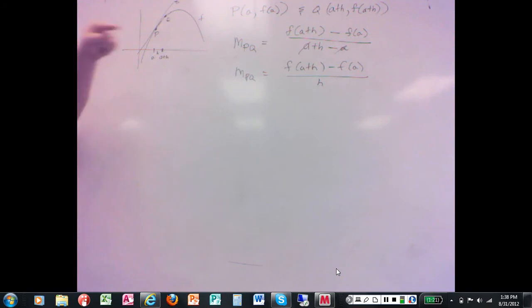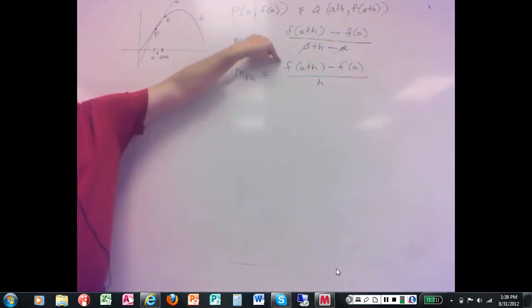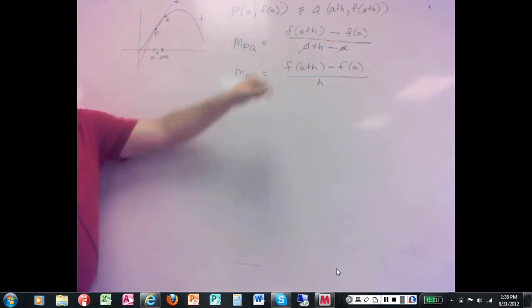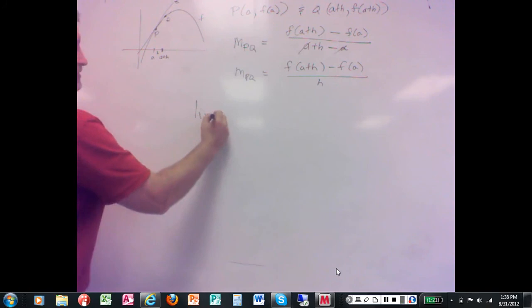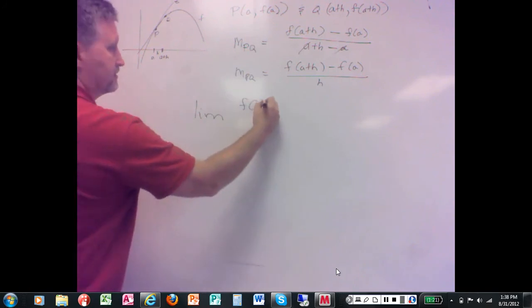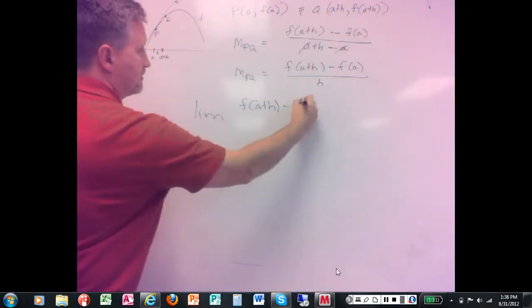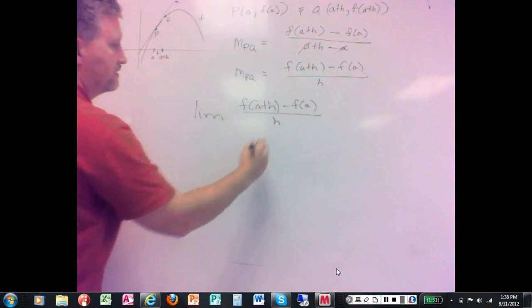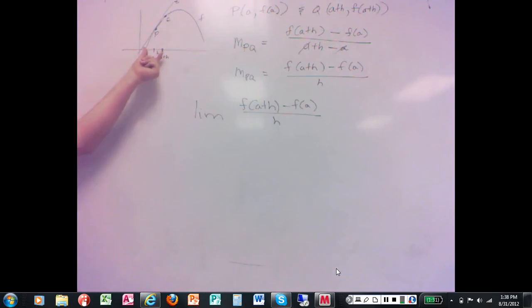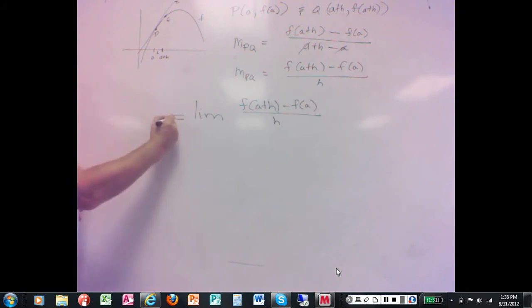Now, if I take the limit of this, and let these increments get smaller, h get smaller and smaller and smaller, what is that going to give me? That's going to give me the slope of the tangent line. Right?